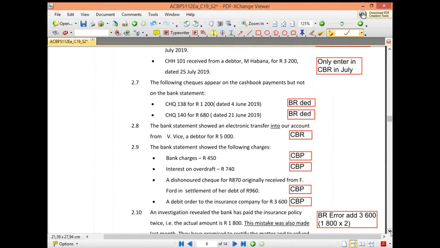So in this scenario, you would only show the 870 and not the 960. The 960 is there to confuse you. And then the debit order for insurance. If you write debit order, just write it's for insurance, or you can just write it's insurance for 3,600. Okay, so you need to be very specific with what the expense is for.